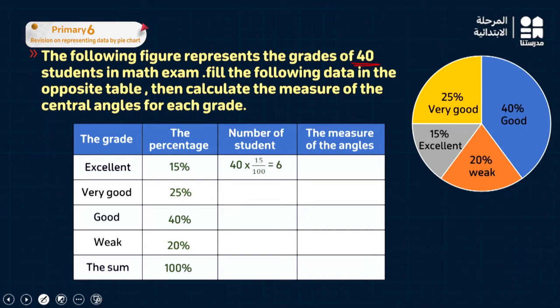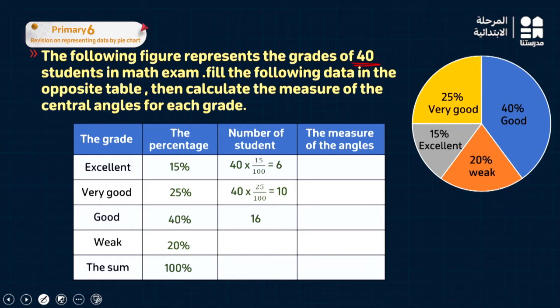Next one, 25%. How will I find it? By making 40 times 25%, so it will be 10. In this way, I can complete the rest of the numbers. So 40% times 40 will give you 16 students.